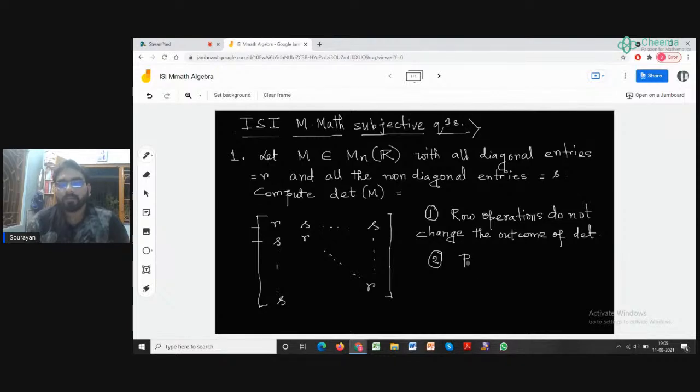the product of the diagonals is the determinant of any upper triangular or lower triangular matrix. So this is lower triangular. Similarly, we have upper triangular.